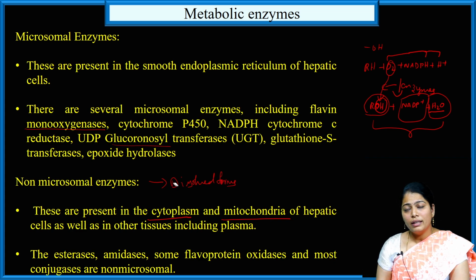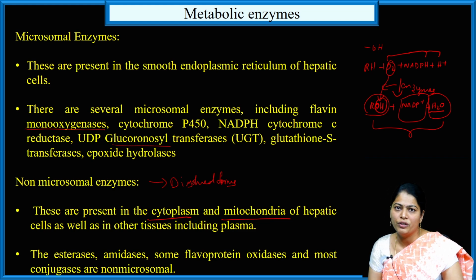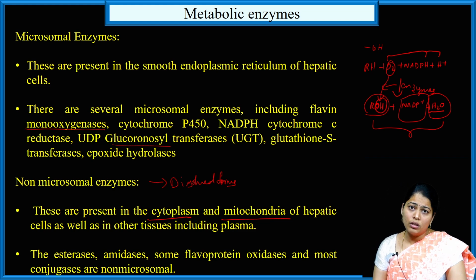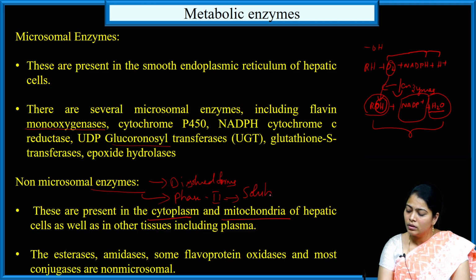So by this nature, for drugs which are in hydrophilic form and dissolved in the cells, these non-microsomal enzymes are used for phase 2 metabolism and convert the soluble drug substances into inactive form.